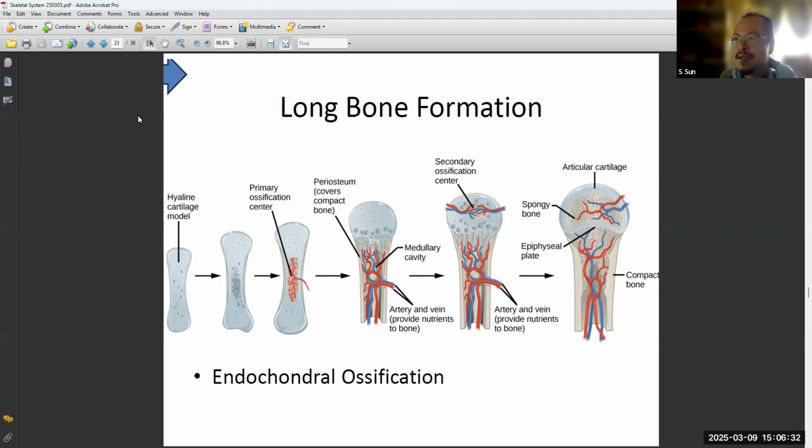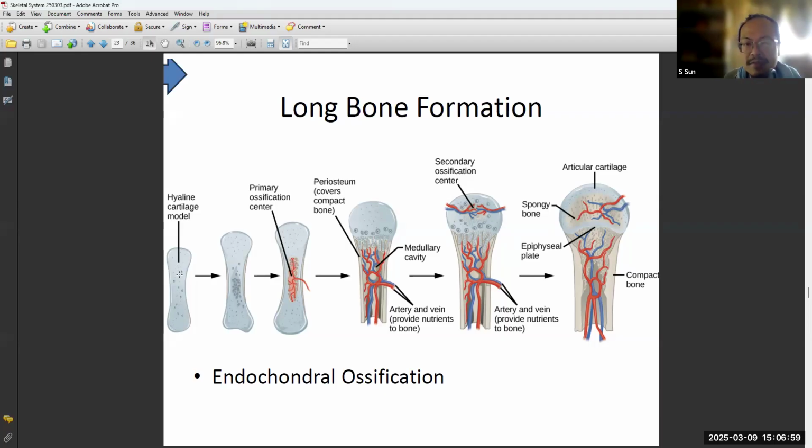You can see that in the beginning it is cartilage. So we talk about the cartilage. The primary cells in the cartilage are chondrocytes. Chondrocytes will secrete matrix, like collagens, glycoproteins, and proteoglycans.